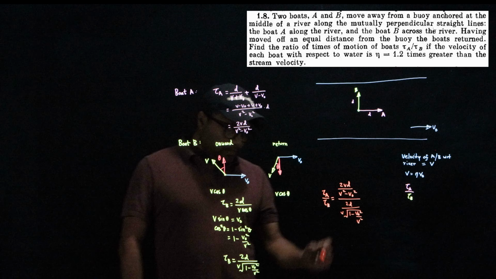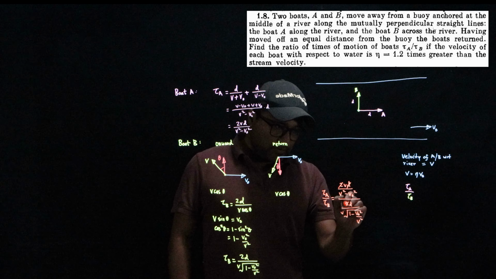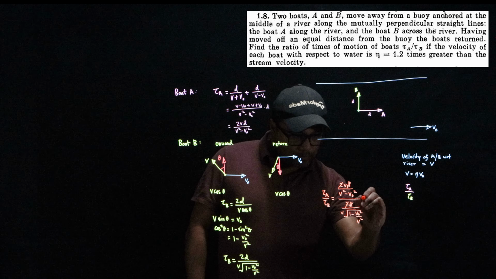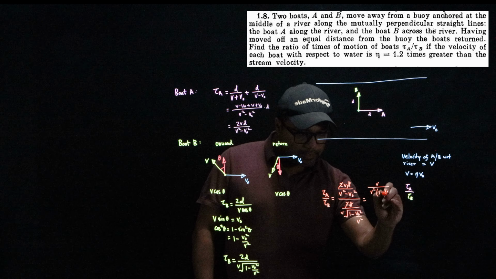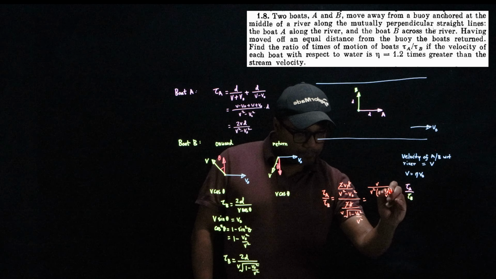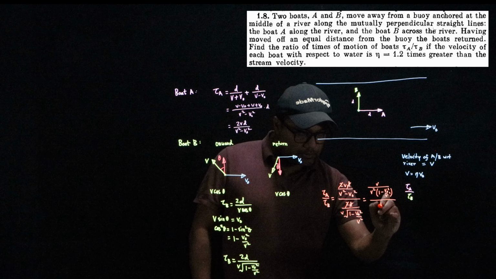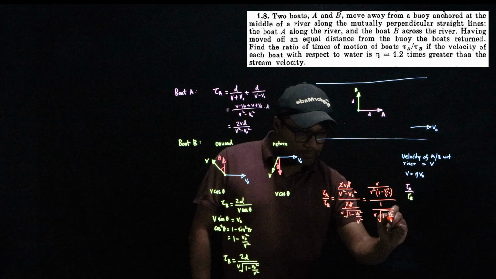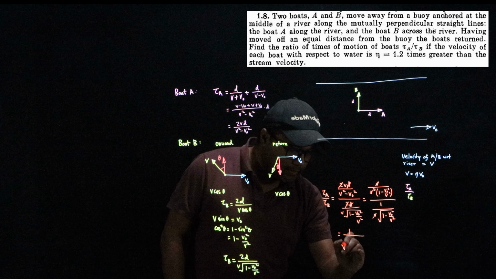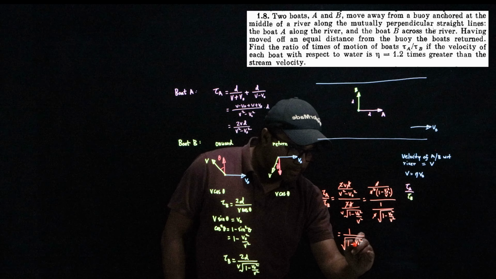Okay, now the 2d we can cancel out. Let's take v square common, so 1 minus v0 by v, squared. And this is 1 divided by v root over 1 minus v0 square by v square. This can be written as 1 divided by root of 1 minus v0 square by v square.